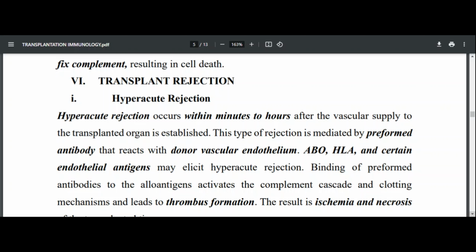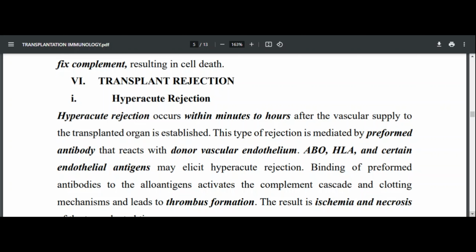This type of rejection is mediated by preformed antibodies that react with the donor vascular endothelium. So ABO, HLA, and certain endothelial antigens may elicit hyperacute rejection.